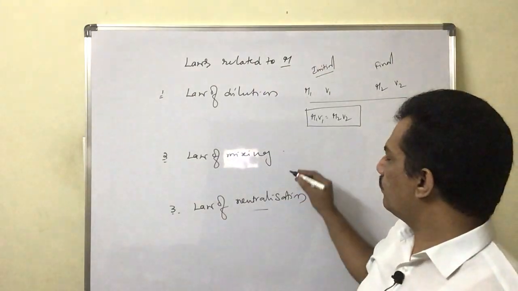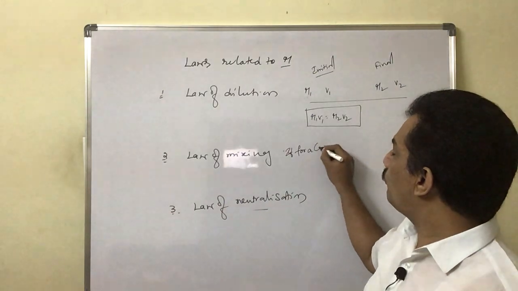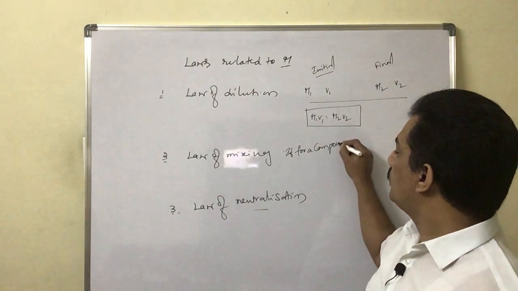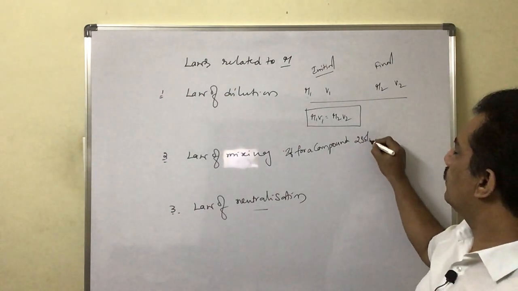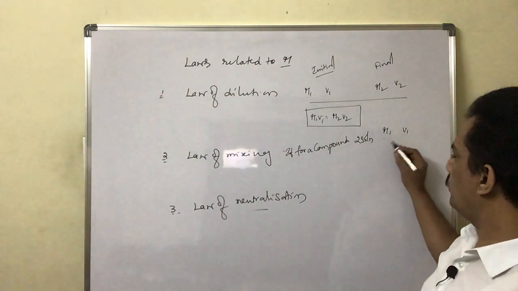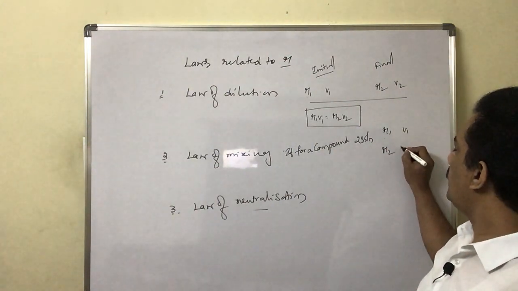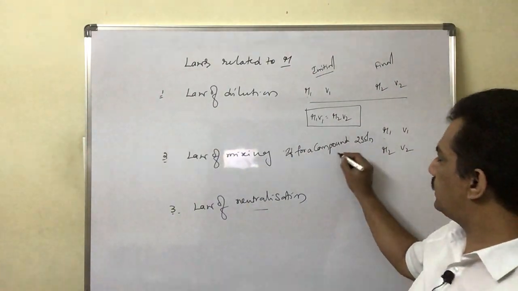And law of mixing: for a given compound, two solutions we are taking with M1 molarity, V1 volume, and M2 molarity and V2 volume. These two solutions are mixed.